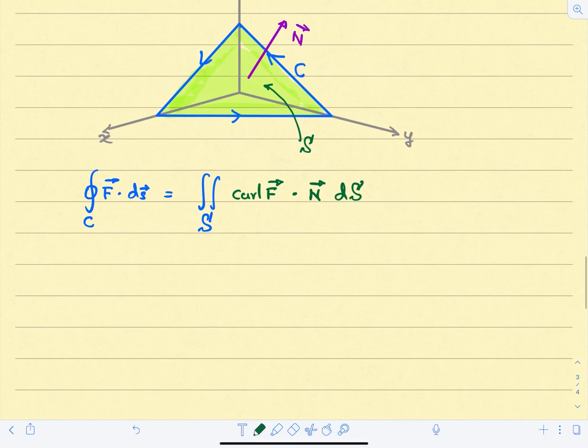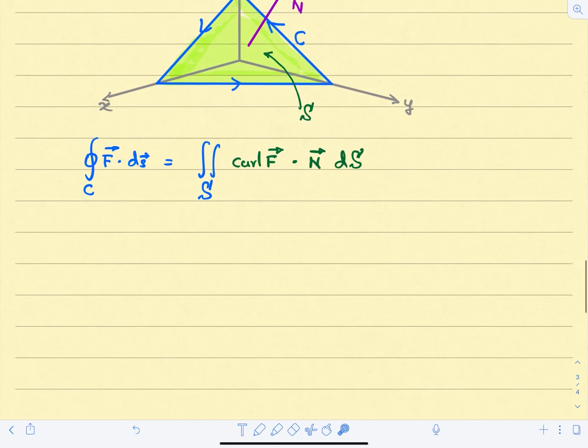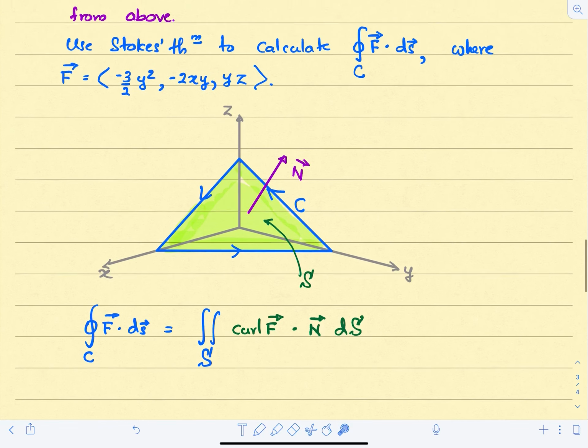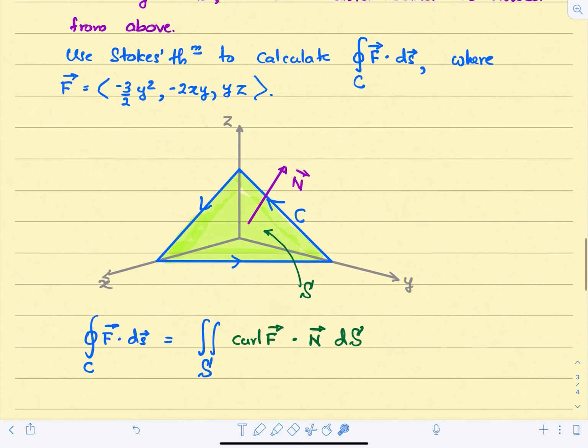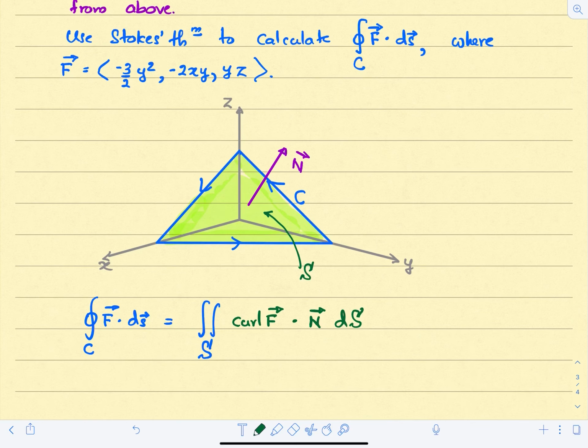We need to calculate the curl of F first, and then we want to simplify this n dS term. The equation of the surface is x plus y plus z equals 1. So let's express the z coordinate in terms of x and y, and this is your little f of x comma y. That's the surface.